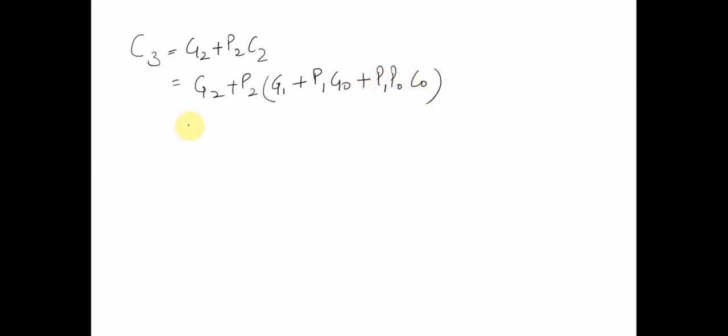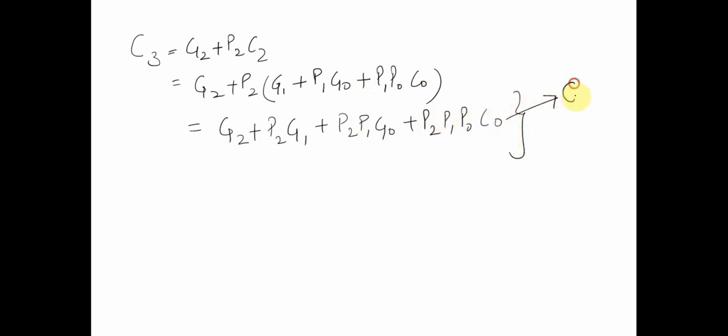If we try to solve this, it will be G2 plus P2 G1 plus P2 P1 G0 plus P2 P1 P0 C0. And if you see this equation, everything is in the form of C0, which is the input from the user, and Pi and Gi. And Pi and Gi both depend upon Ai and Bi.